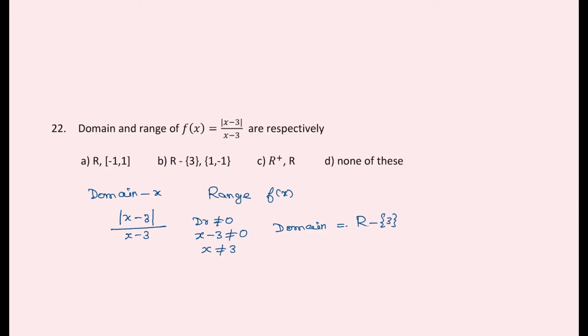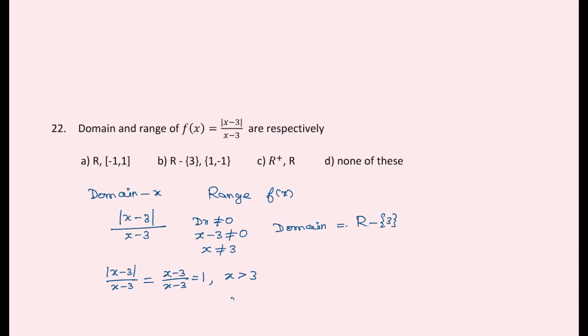Now let us find the range. f of x is absolute value of x minus 3 upon x minus 3. If x is greater than 3, x minus 3 will be positive because x is more than 3. So for positive values, we need not write the absolute value sign. Therefore, the function becomes 1.